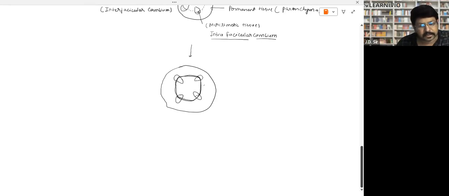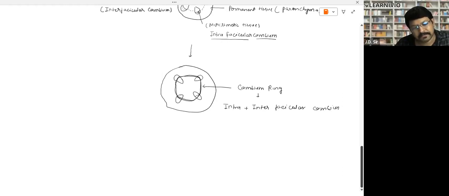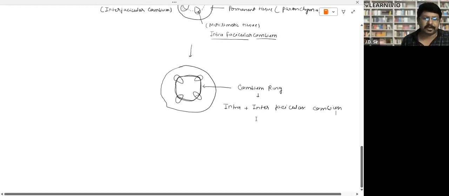This ring is called the cambium ring. So the formation of the cambium ring takes place because of intrafascicular plus interfascicular cambium. Is that clear? Guys, is it clear? Yes, sir.